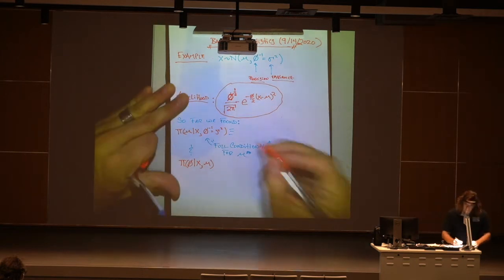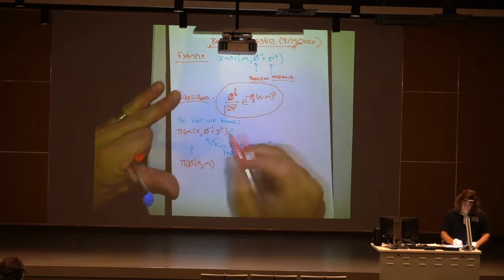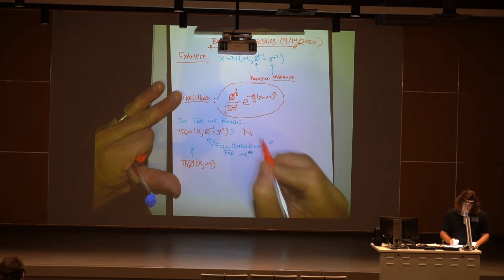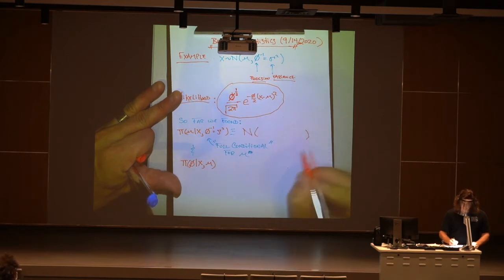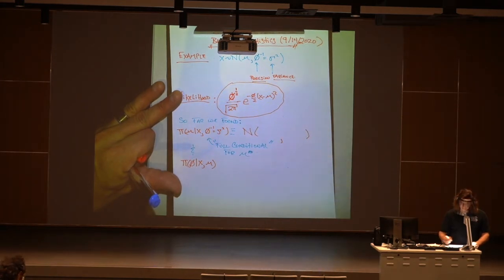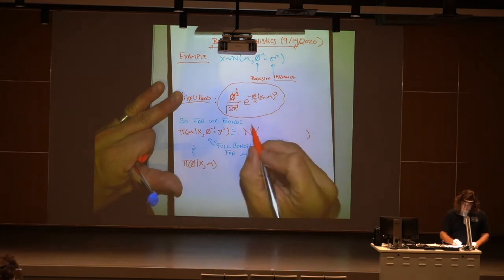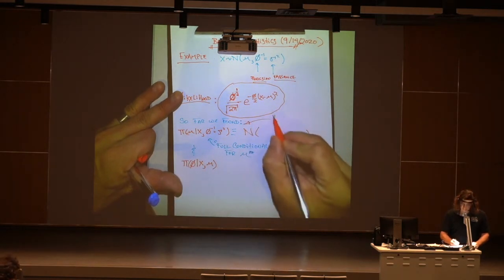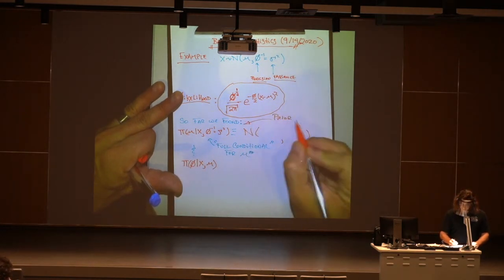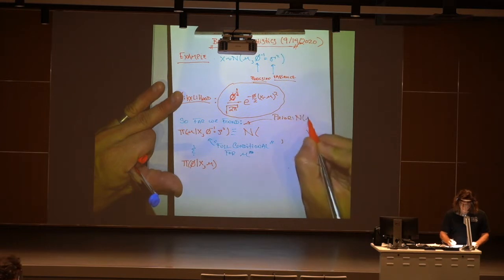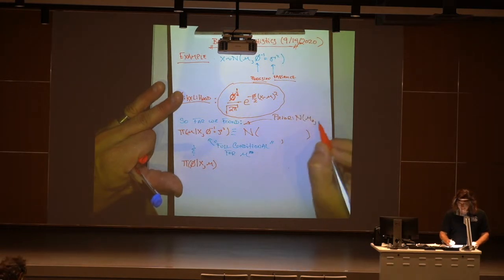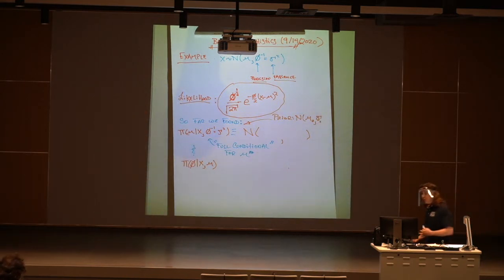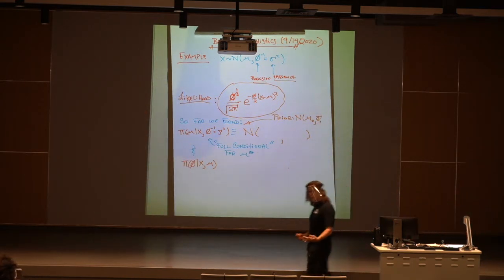So, under a conjugate prior, this was a normal distribution, and it had two parameters in here. I'm going to write down the prior that we're using, which was normal, mu naught, and I still sometimes like to go back and forth between sigma and phi, depending on what I'm doing.